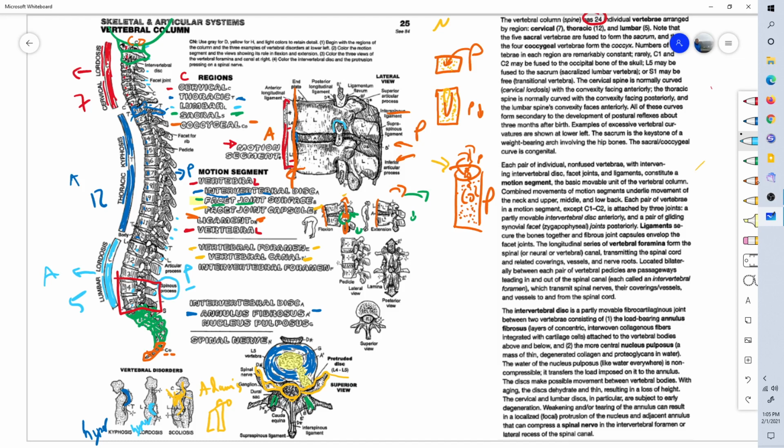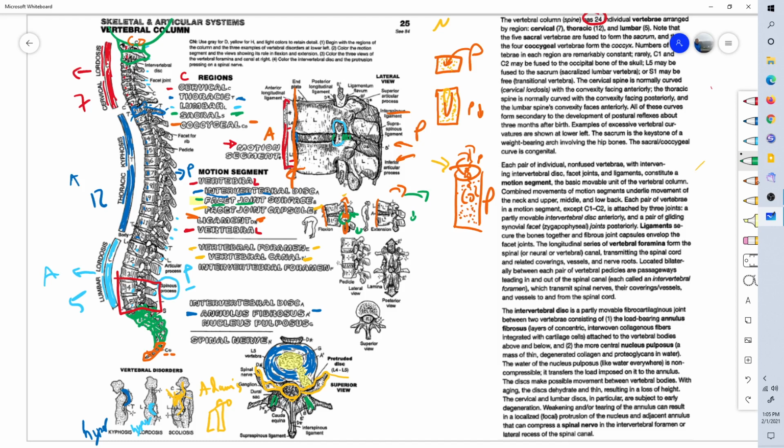This arch on L4 here combines with the superior arch here on L5, along with the vertebral disc here to the left or to the anterior, and the capsule on the posterior, and it forms a hole.